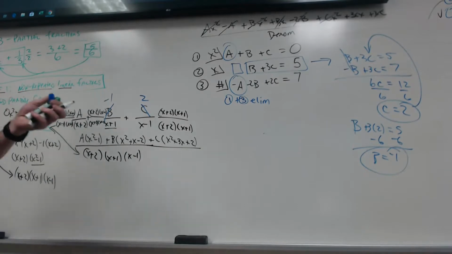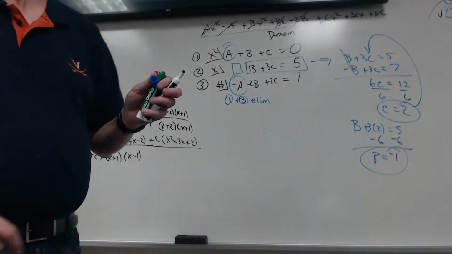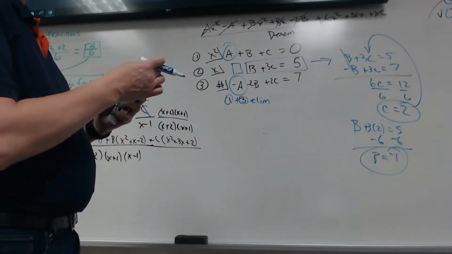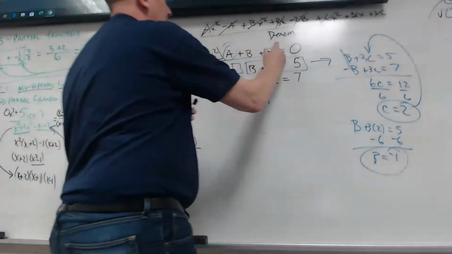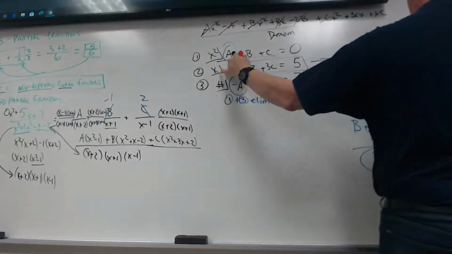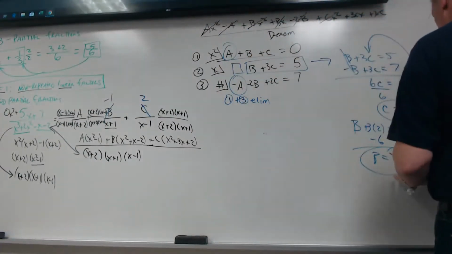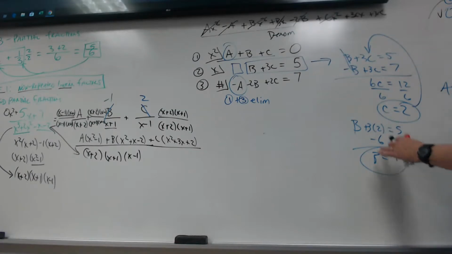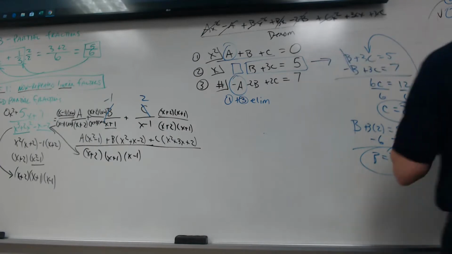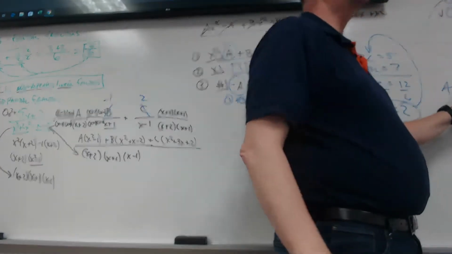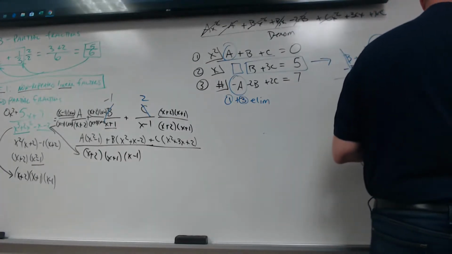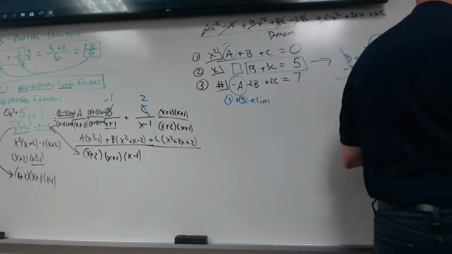And then how do I find a? The first equation. So a plus b, b is negative 1, plus c, and c is 2, equals 0. So 2 minus 1 is 1, so if I subtract 1, a equals negative 1.